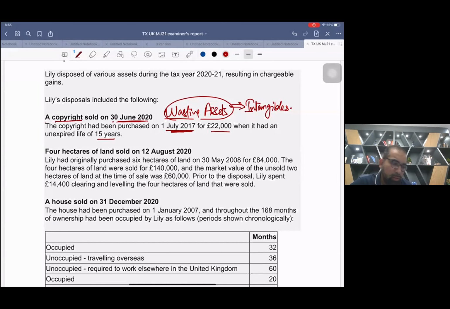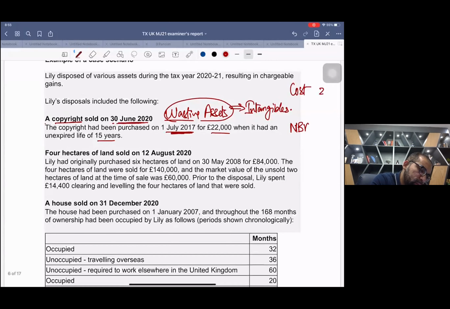Now let me solve it completely. DP is not given and not necessary. Even in the question, he won't ask you the DP. Now, what should the NBV be? NBV is cost less accumulated depreciation. Cost is 22,000.